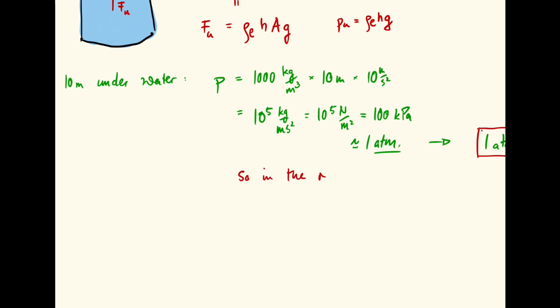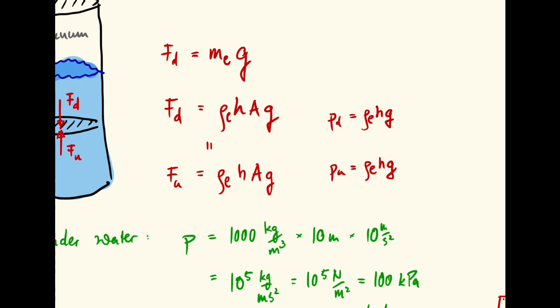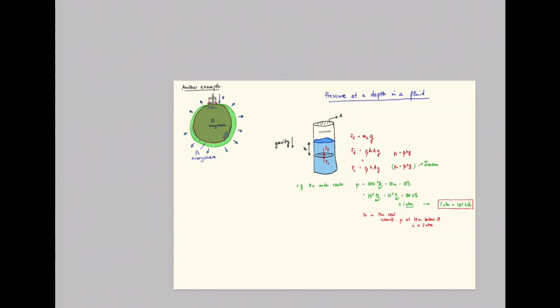So in the real world, P at 10 meters below zero is approximately 2 atmospheres. And I should say, since we're considering the pressure at the same height here, we don't really need to define pressure down and pressure up, right? Because pressure has no direction, as we learned in the previous lecture.